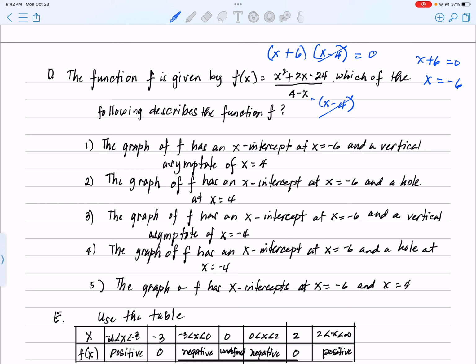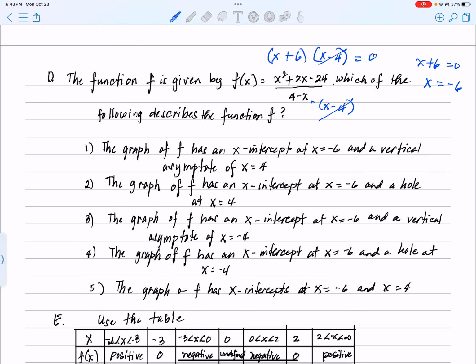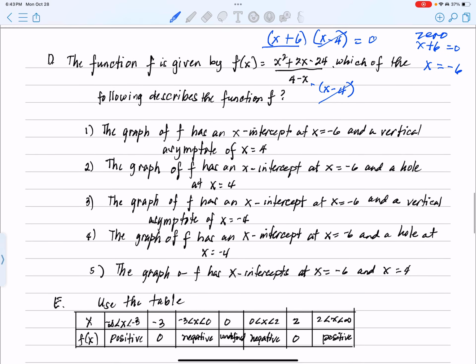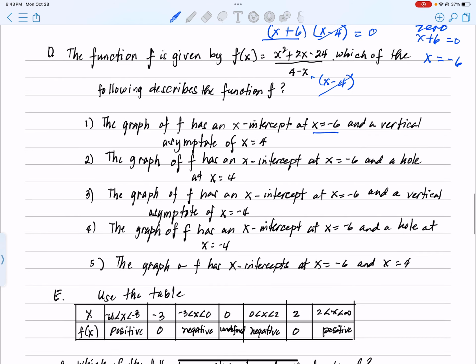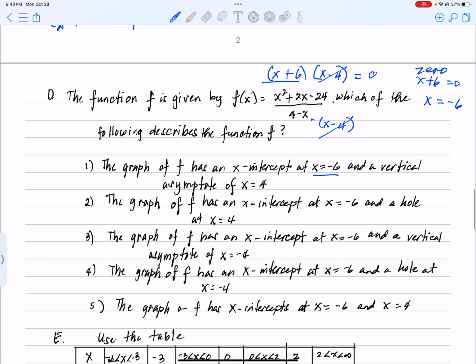This is the 0 from our numerator. So let's start. The graph of f has an x-intercept at x equals negative 6 and a vertical asymptote at x equals 4.